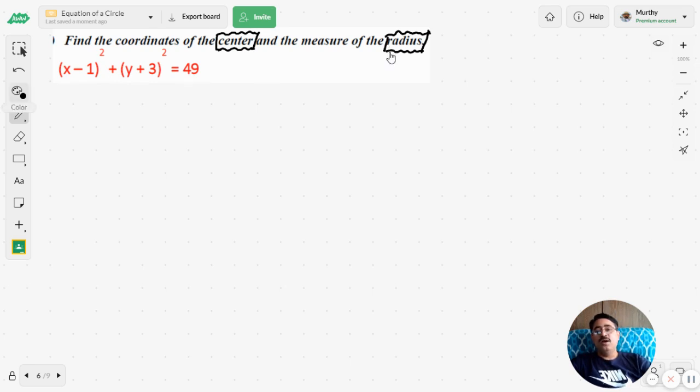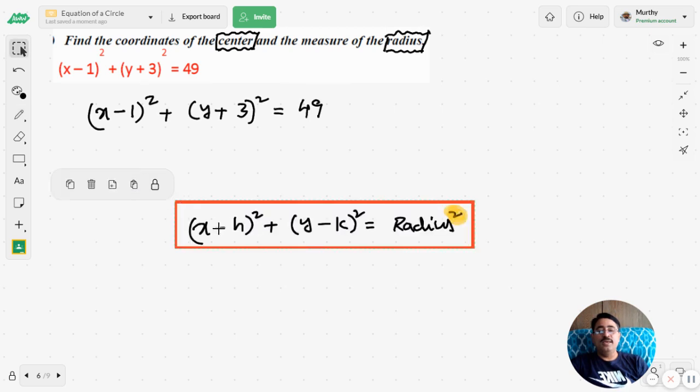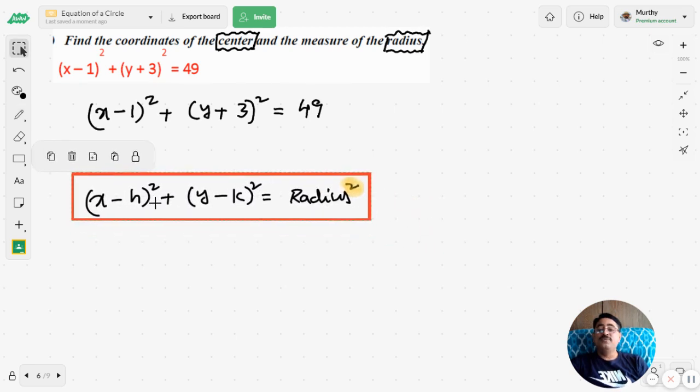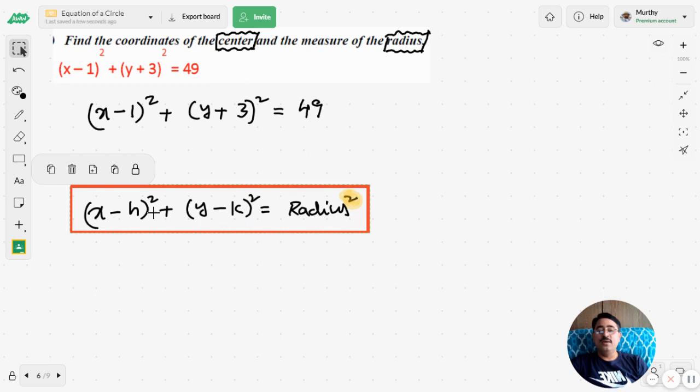So let me copy the question, which is x minus 1 square plus y plus 3 whole square equals to 49. Okay, so let me copy the equation of a circle. Purposefully I am leaving one line here. Now, always I have to check whether everything is matching or not.